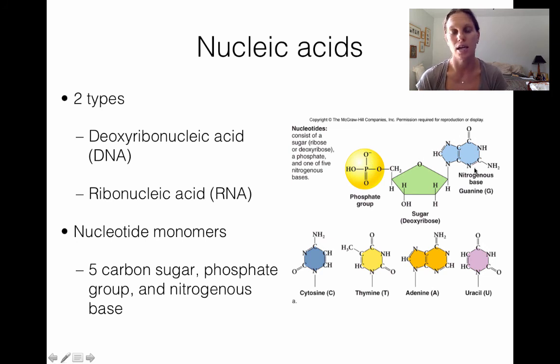There are only 4 bases in DNA and RNA. I meant to say 4 bases, pardon me, I think I said 5. In DNA and RNA, 3 of the 4 bases are always the same: cysteine, thymine, and adenine.